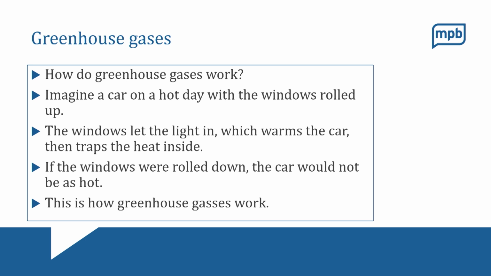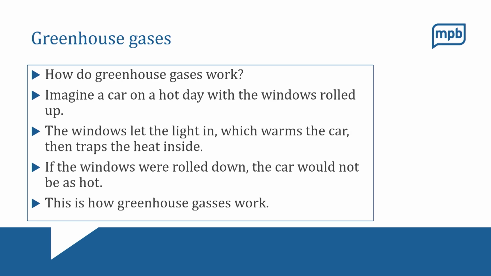And then because the windows are rolled up, the heat gets trapped inside the car, right? If the windows were rolled down, when you came back to the car it would be a lot less hot. So this is how greenhouse gases work. If you can imagine a car on a hot day, then you understand how greenhouse gases work.